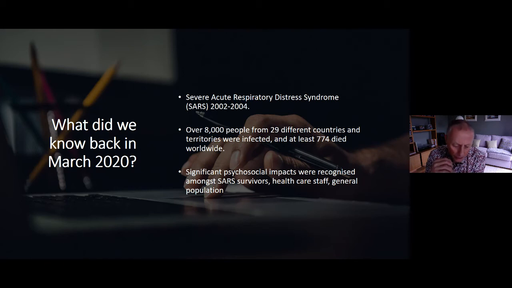I came across a very important literature on the SARS virus, during 2002 to 2004, where over 8,000 people from 29 different countries and territories experienced infection, and at least 774 died worldwide.